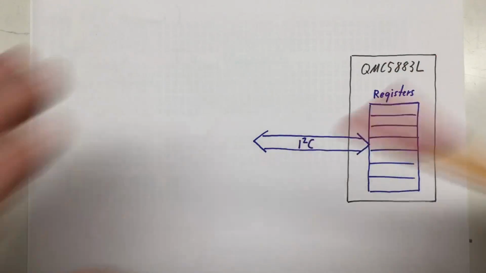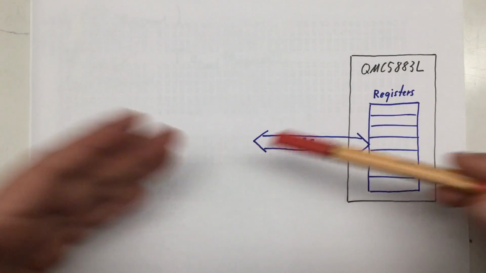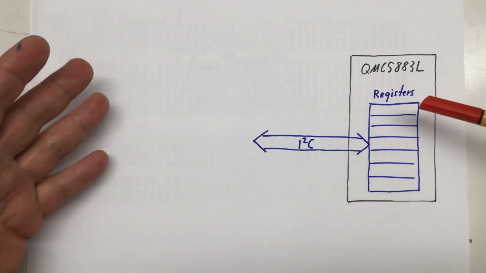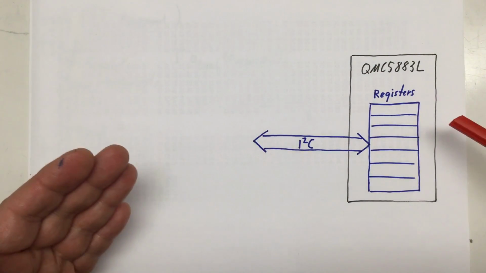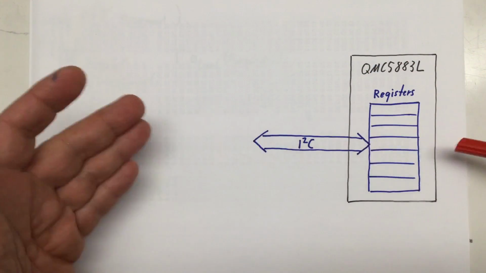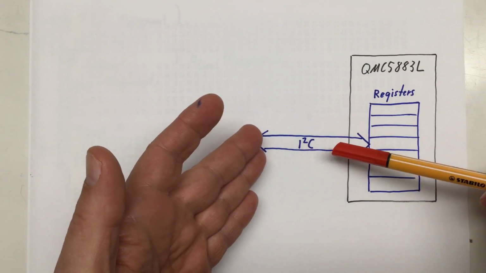Now, how could the architecture of a library for interfacing with a QMC5883L look like? From a software perspective, that chip is really just a bank of registers you can read and write from via I2C.